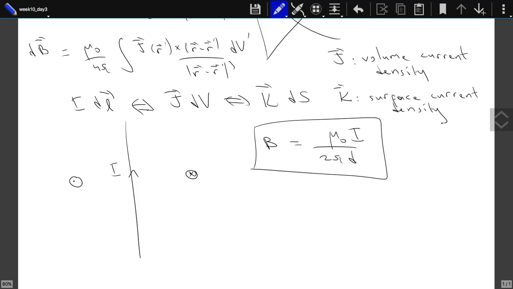It is the amount of current passing through a given length, per unit length of the surface. And then we have I, the linear current, which is the amount of charge passing through a point per unit time. So you see this volume current density, you are right, it is the charge passing through an area, but it is moving perpendicular to the area. So basically it's moving in three-dimensional space.